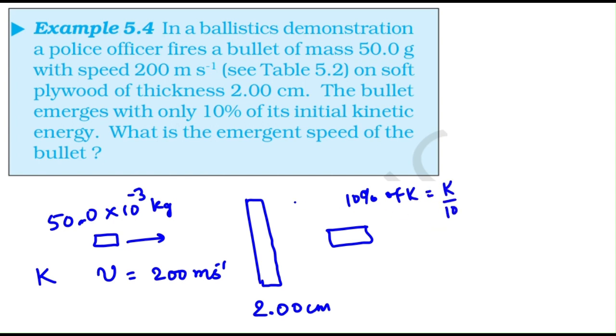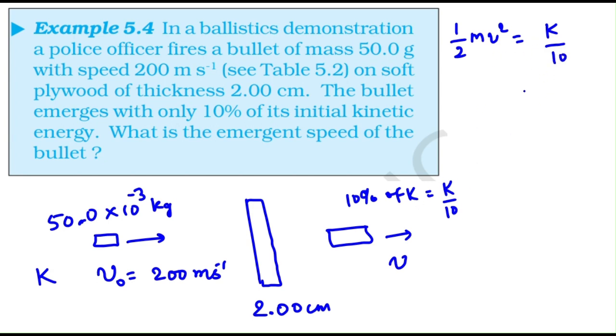Now what do we need to calculate? We have to calculate the emergent speed, that is the speed here. Let's say this speed is v naught, and this speed is v. We know kinetic energy is 1 by 2 m v square, and that is equal to K by 10.